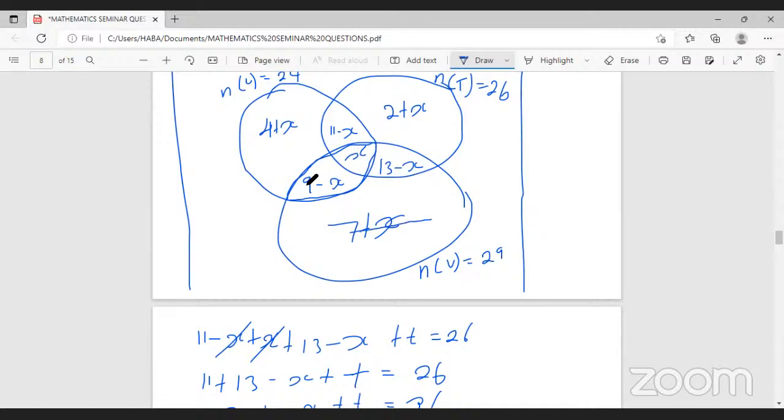So we add 9 minus x plus 13 minus x, then plus c, and we equate it to 29. I don't know whether you get it now. Okay, so we can go ahead now. We are going to add whatever is inside our 3 circles, and then we equate it to 50.